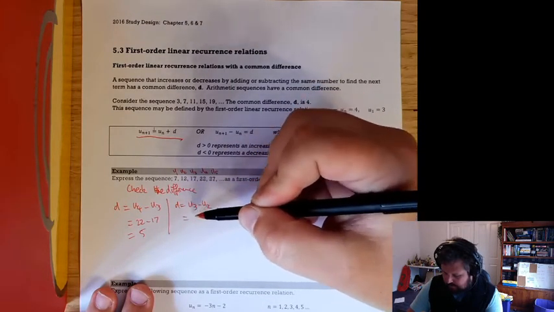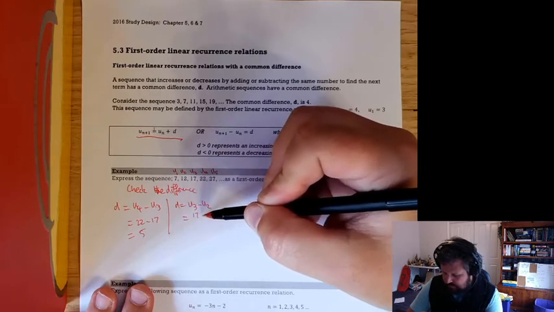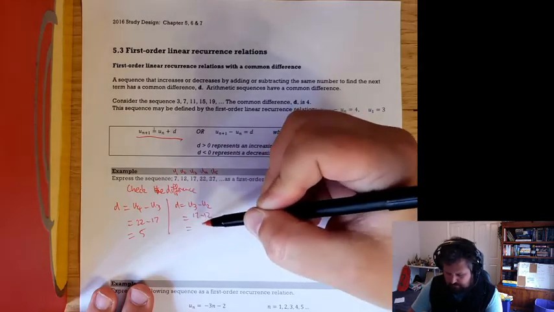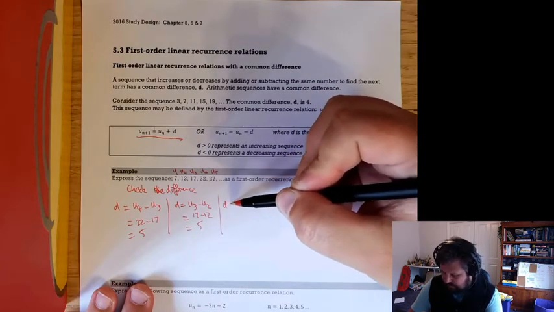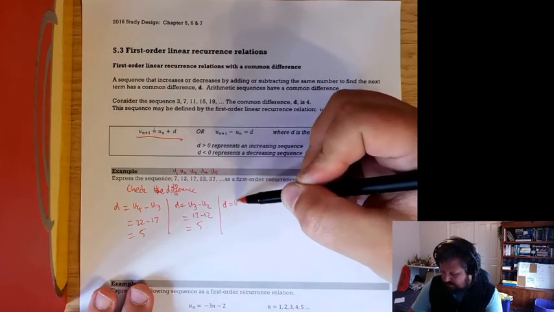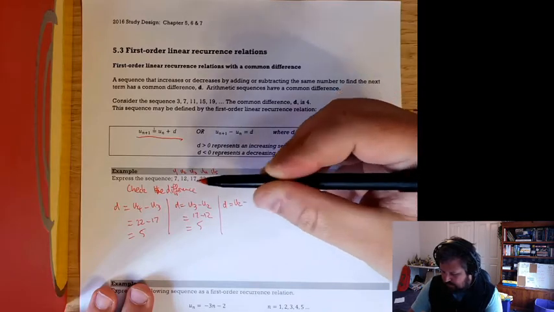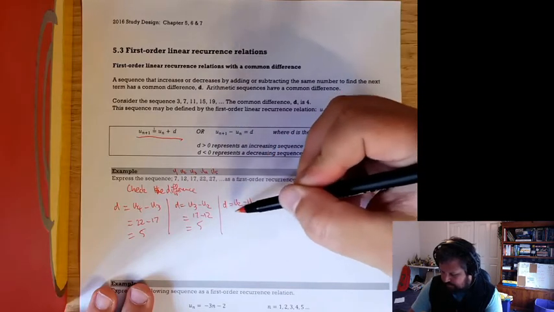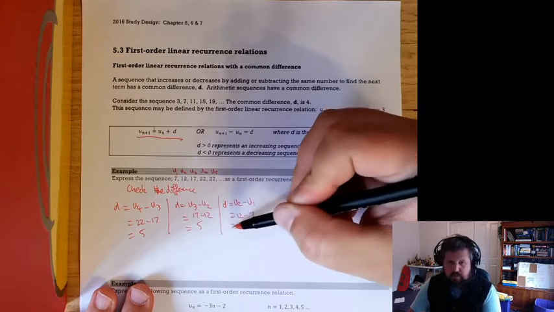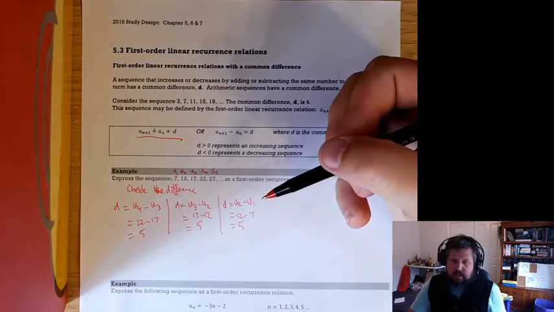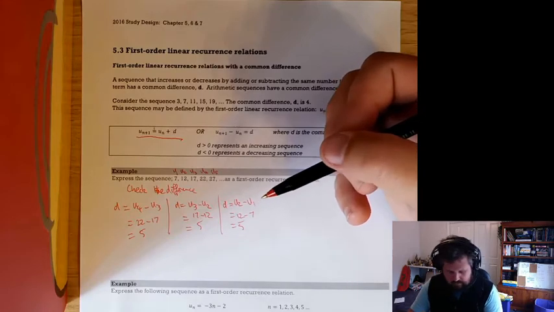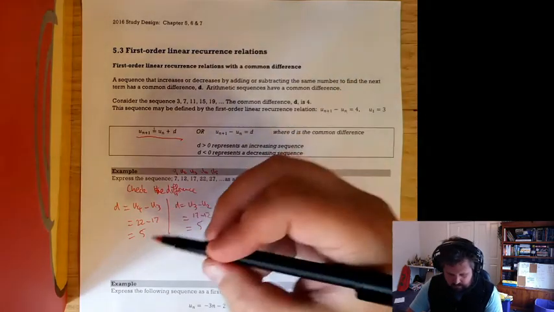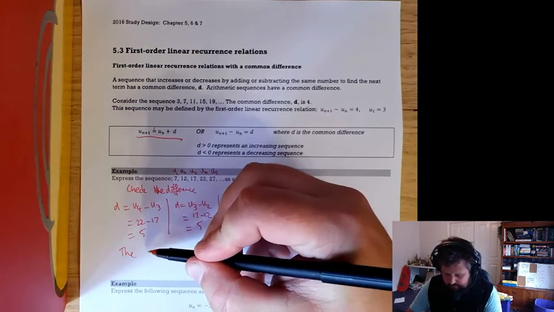U3 was 17, U2 was 12, it's 5. Let's just check one more as well. Can never be too sure, even though we already knew this, as I explained. U2 take away the one before, it's 5. So we should be fairly confident there that the difference, the D value, is 5. So I'm going to write down that there is a common difference.